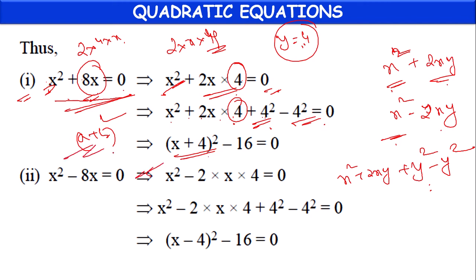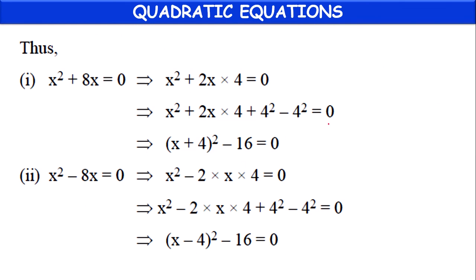From the formula of a plus b whole square, we can write this part as x plus 4 whole square minus 4 square, and 4 square equals 16. So like this we can write.